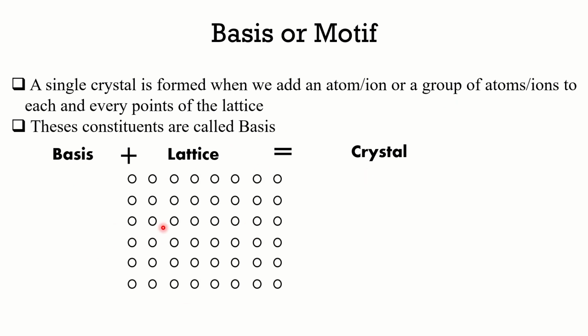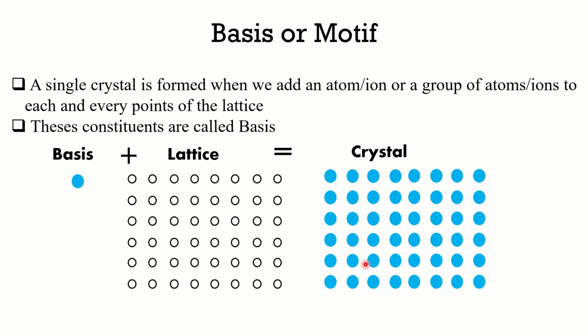I have one lattice, and let us consider one small atom. Now, if I add this atom at each of these lattice points, I can fill such a crystal. So although this lattice consists of only geometrical points, it is actually made up of real atoms or molecules.